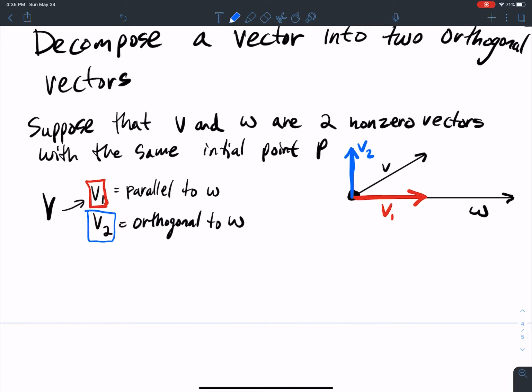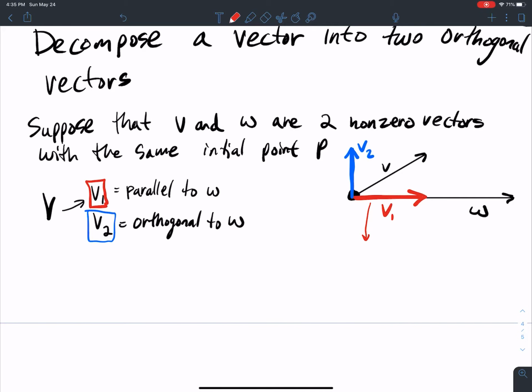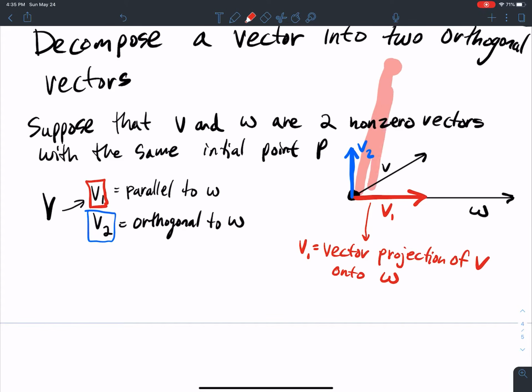So vector 1 here, this vector is the vector projection of V onto W. So what do I mean by that? Say pretend like we had this flashlight and we're shining a light down.